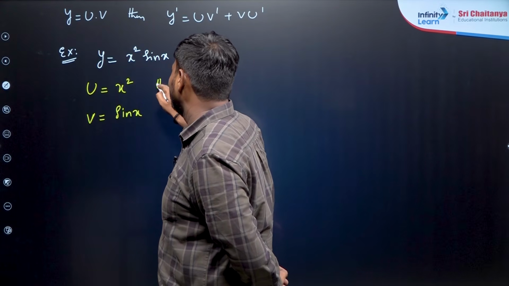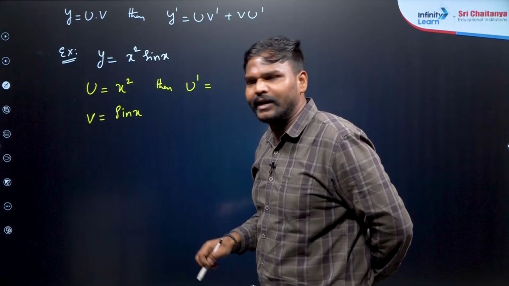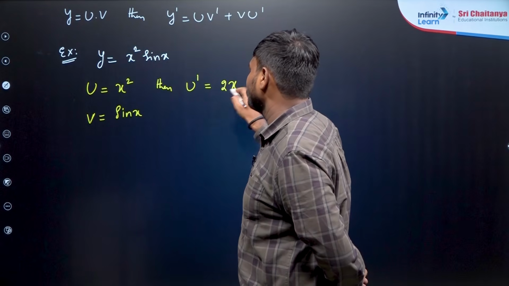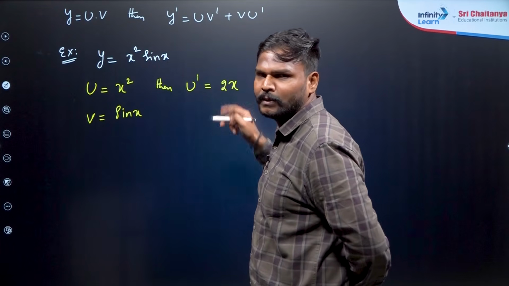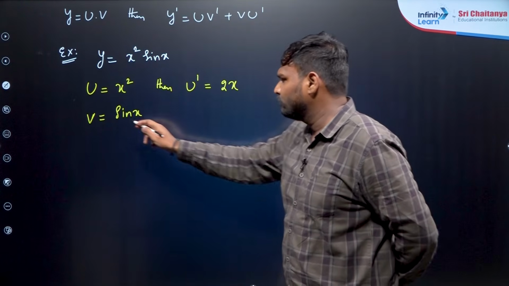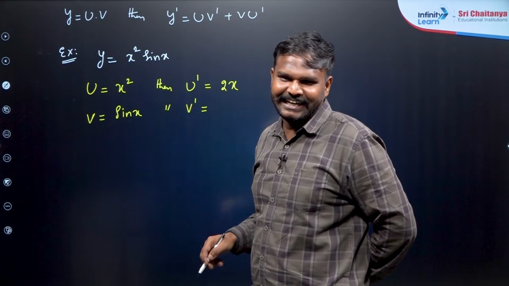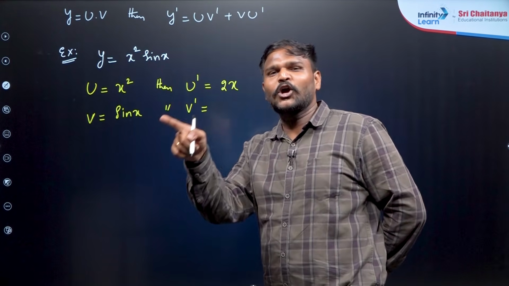Then what is u dash? What is the derivative of x square? 2x. Multiply the power and subtract 1 from the power. So the x square derivative is 2x. Then what is v dash? The derivative of sin x, just now we have seen, is cos x.